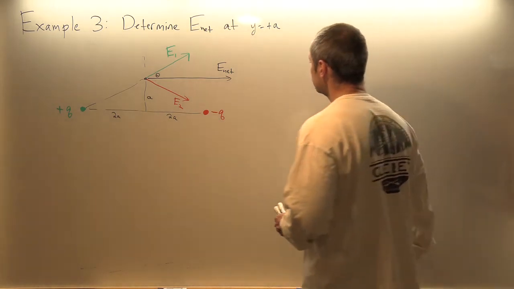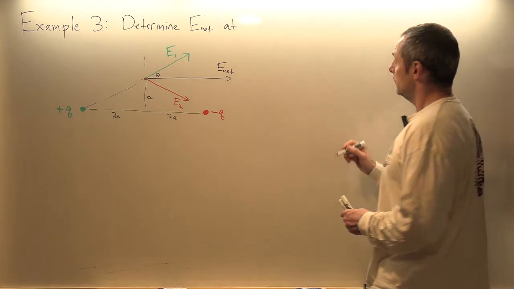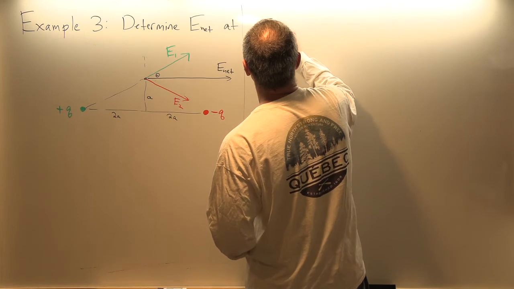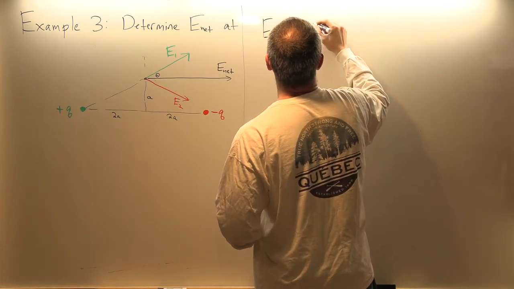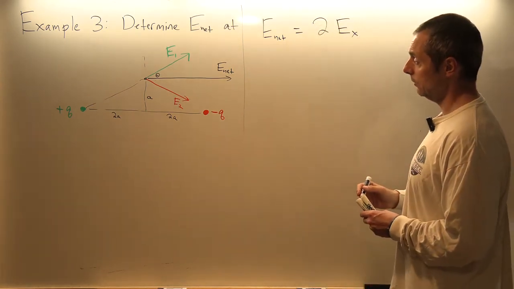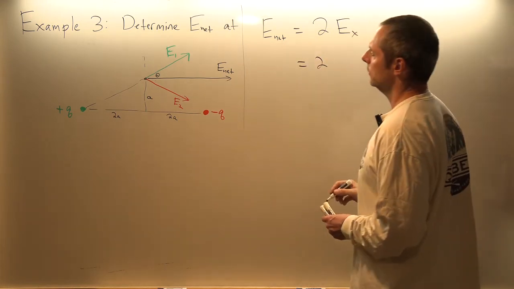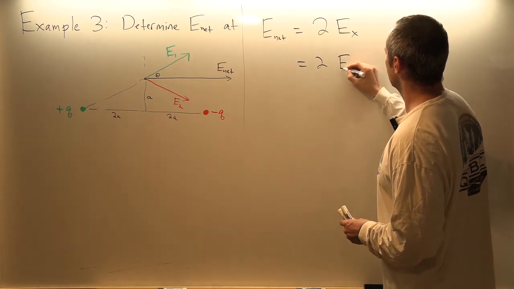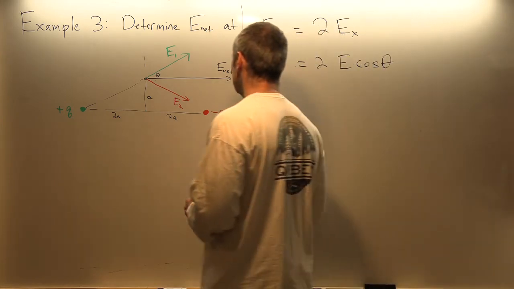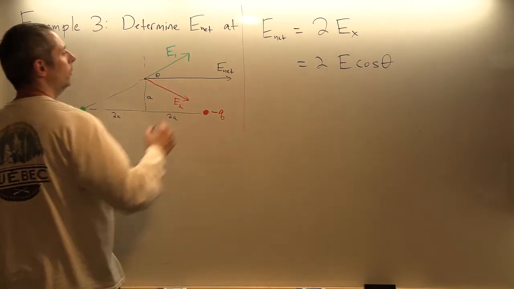Okay, so the main idea I just expressed is that the net electric field will be equal to 2 times the x component of one of those electric field arrows. And I can rewrite this as 2. The x component will be E cosine of theta in that diagram. Right? So E cos theta gives me that x component. I double to get the whole.